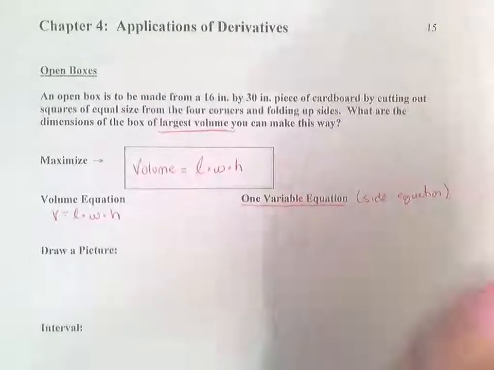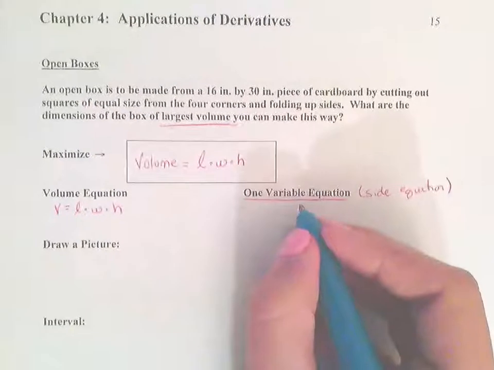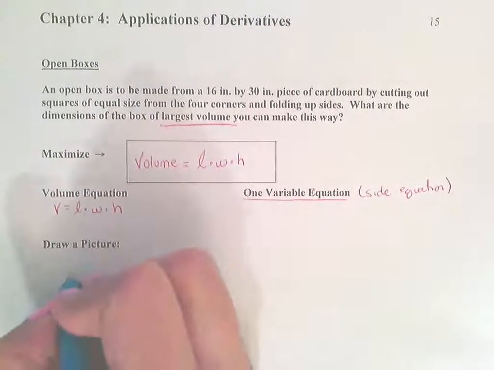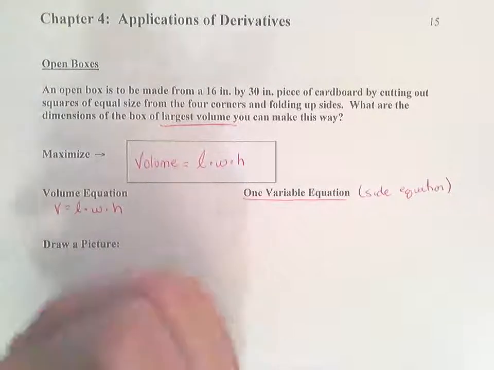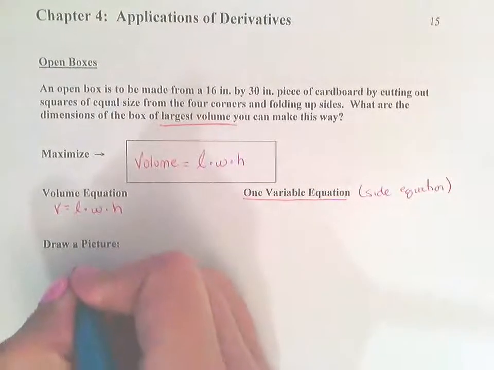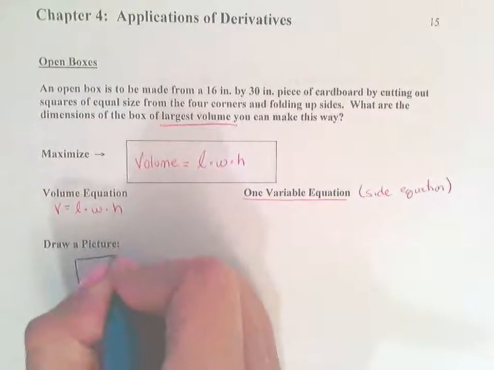Maybe you guys can. So if I don't see a side equation at first, what I'm going to do is draw a picture and see what it is that they're asking me. So I'm going to draw a picture of what they're saying.